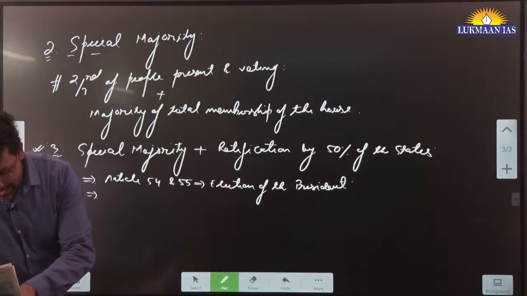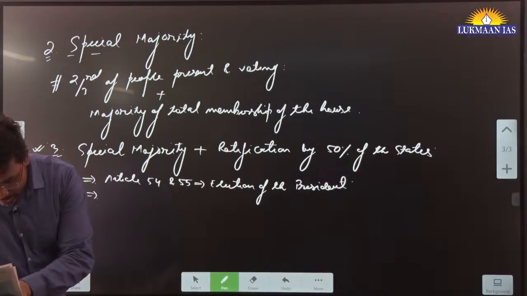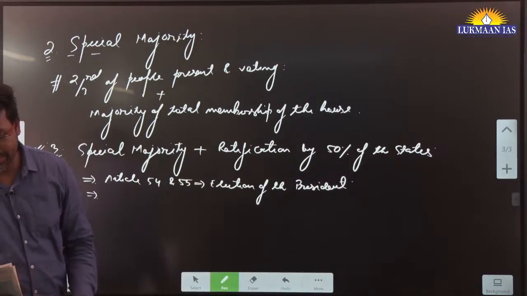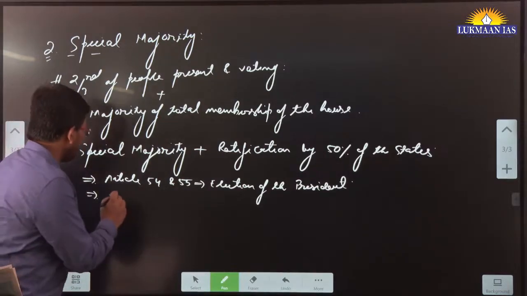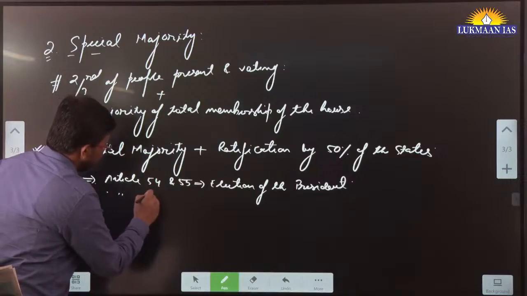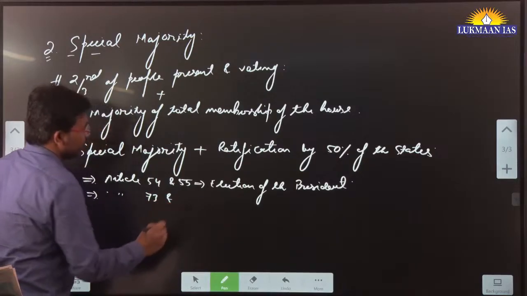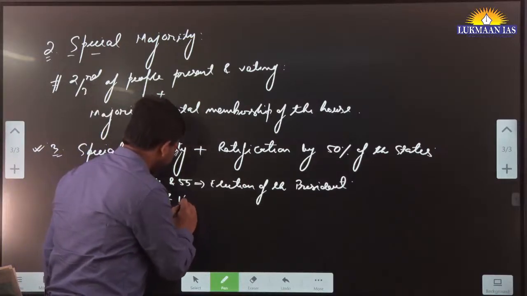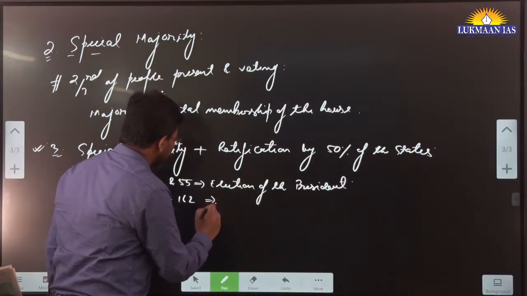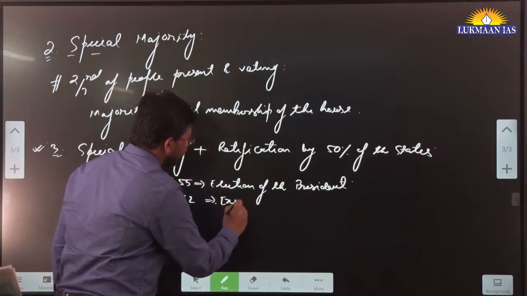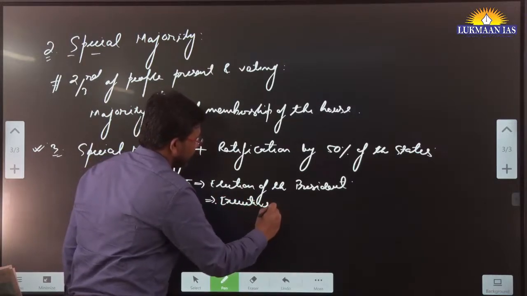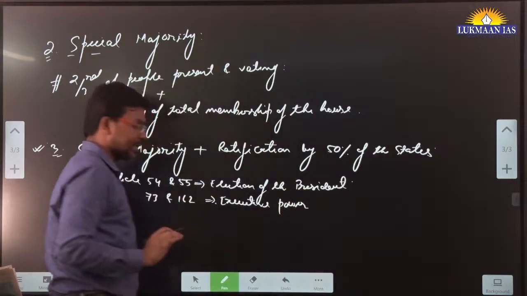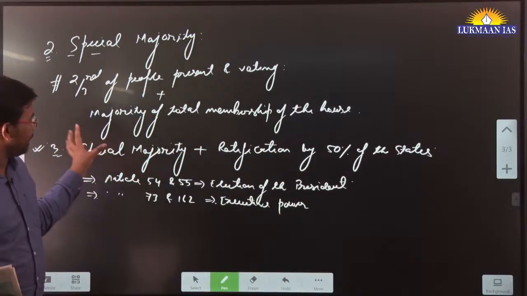Apart from this, in this article they have mentioned that if there is a change in the extent of the executive power of the union or the state government under Article 73 and Article 162, in that case also we need this thing.